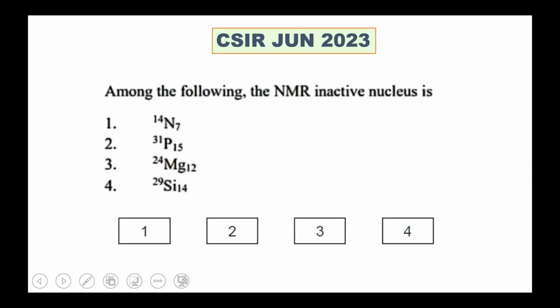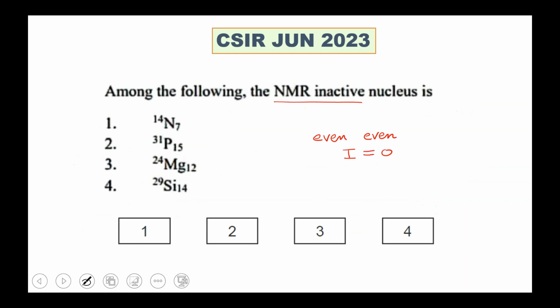You can Google for quarks and get to know more in detail. Now, this is a June 2023 question, a very recent question. They have asked for an NMR inactive nucleus. See how simple a question they have asked. And what did I say already? You just check the number of neutrons and number of protons. If both are even, then I will be equal to 0.